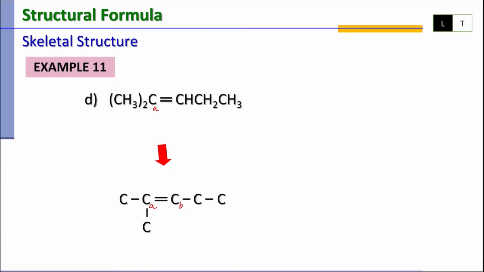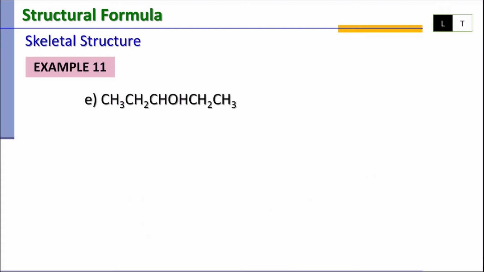And then ini B. So bila awak outline awak punya carbon atoms, so awak boleh draw the skeletal structure like this one. And then go zigzag here. And then here and here. So you got the C atom here. And then double bond awak akan draw antara Ca and Cb. So this is the skeletal structure for D.